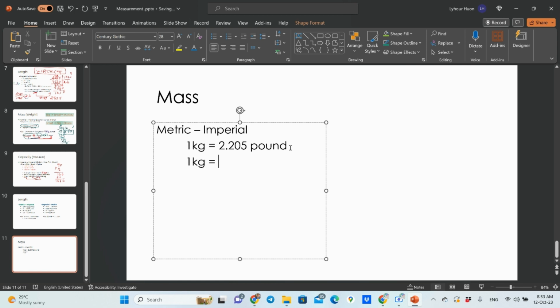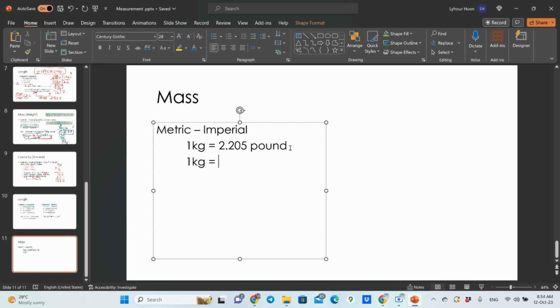After finishing this, I will wrap it and send it to you, and then you can check if you happen to convert from metric to imperial. With this note, you can convert by just doing the multiplication.